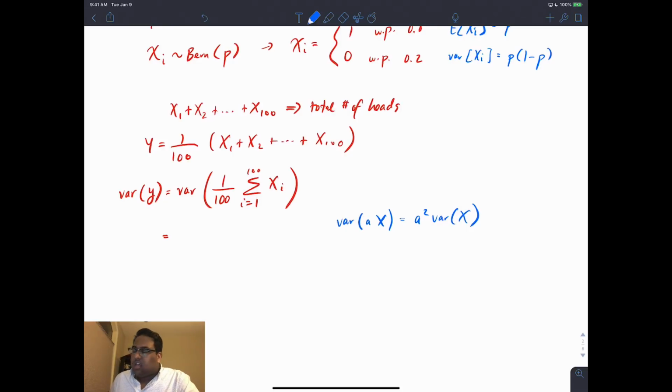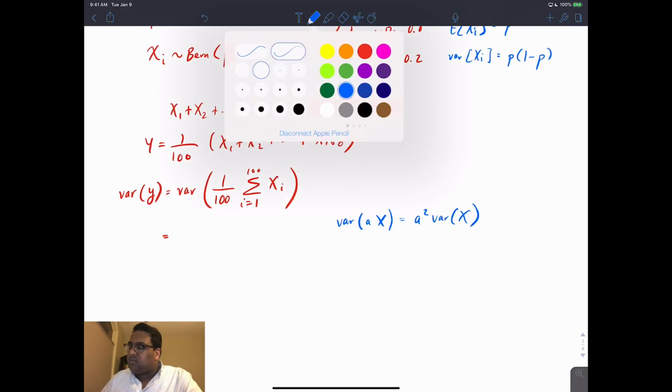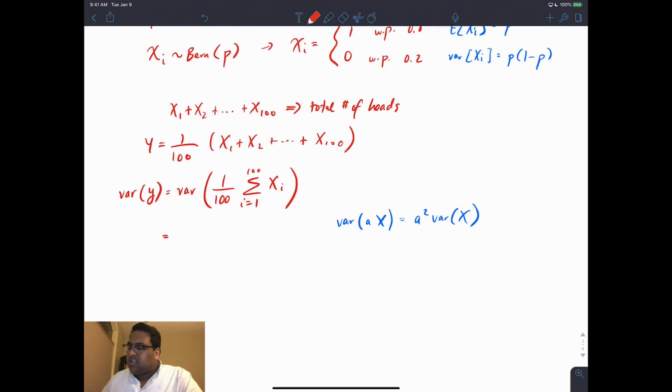That's a property you can derive on your own: when you have a constant times a random variable, when you take the variance, you have to square the constant when you pull it out. Why is that relevant here? Well, we can write 1 over 100 squared times the variance of this sum.